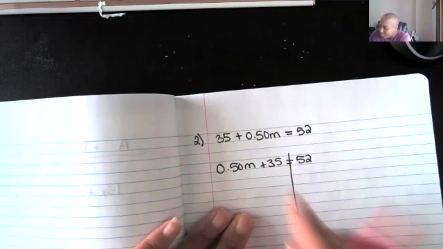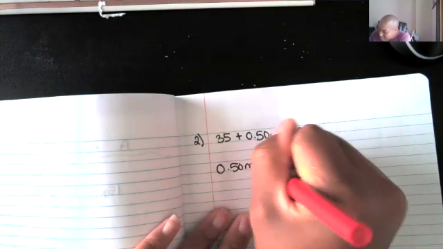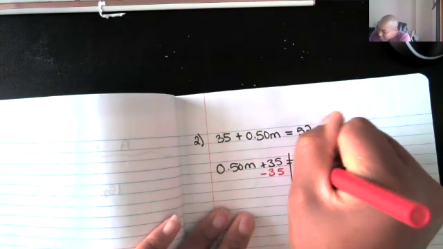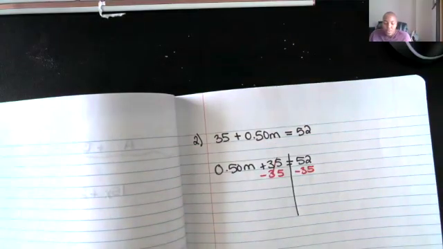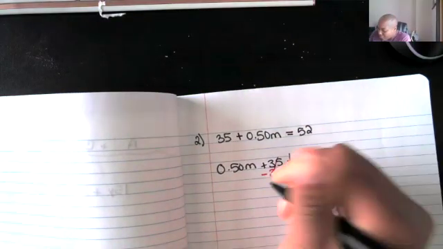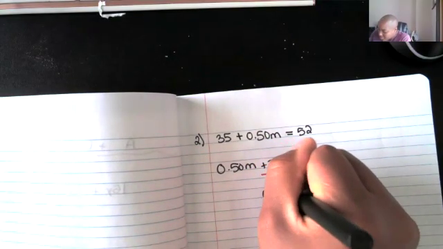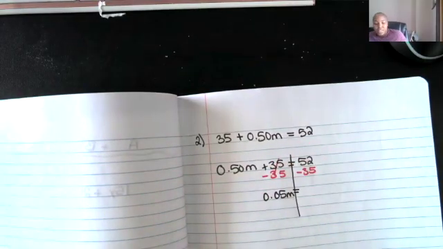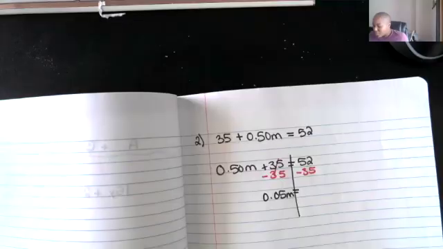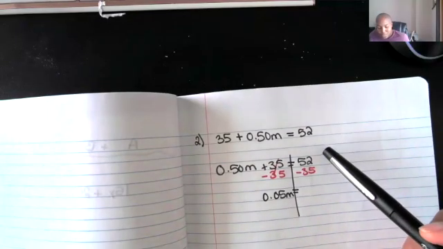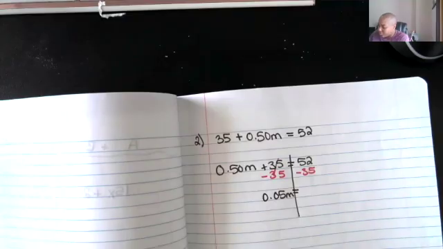So we have 35, so we're going to subtract 35 from both sides. We bring down the 0.50 m. On the right, we actually need to subtract those two numbers: 52 minus 35, which is 17.